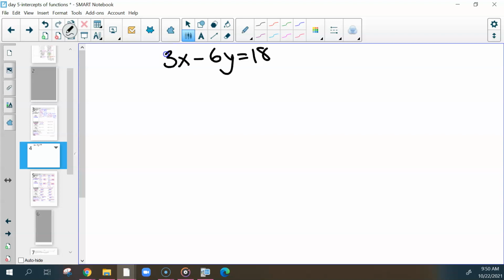Because some of the questions you'll get on the Delta Math / Khan Academy intercepts from an equation will be in this format. The process to solve it will still be the same. You're still going to put zeros in. So if we're looking for our x-intercept, our y value has to be 0. So we're going to put 0 in for y.